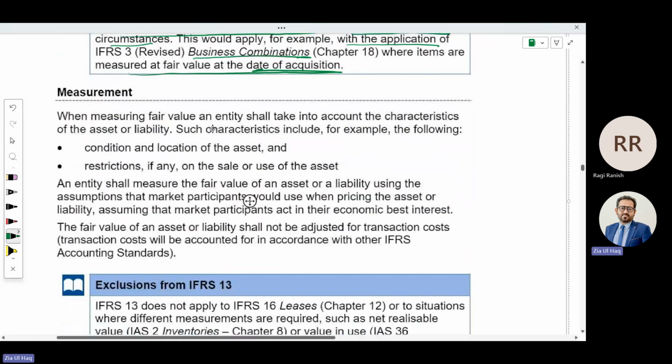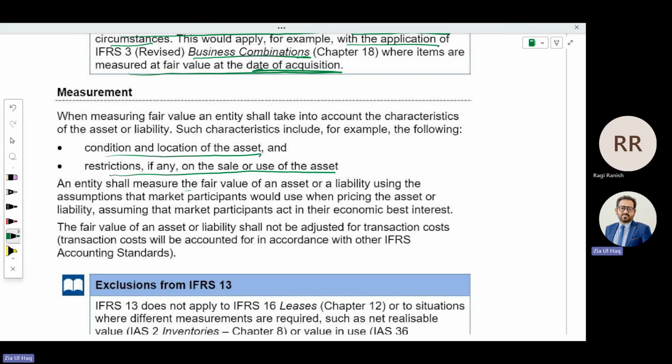Measurement: when measuring fair value, an entity shall take into account the characteristics of the asset or liability. Such characteristics include, for example, the condition and location of the asset, and restrictions, if any, on the sale or use of the asset.